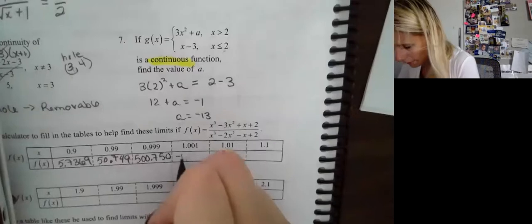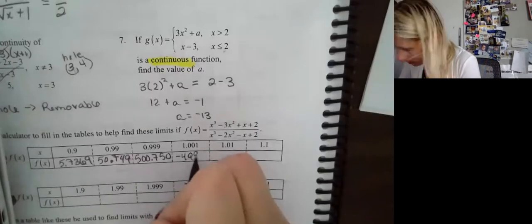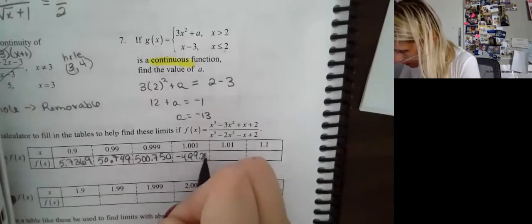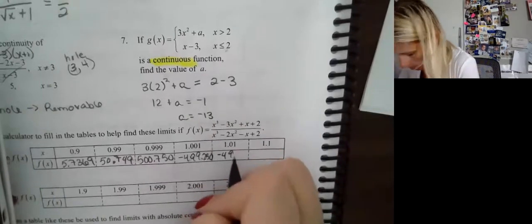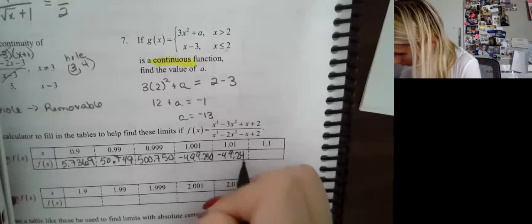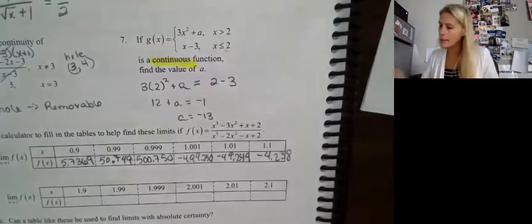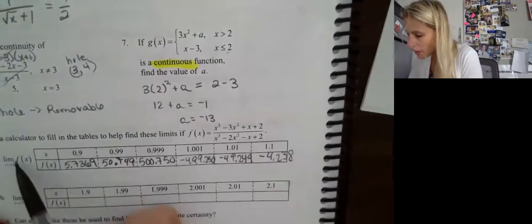So I get negative 499.250, negative 49.249, and negative 4.238. All right, so first of all, we're saying the limit at 1.